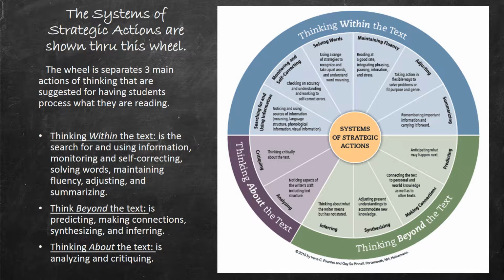The three main actions for a child looking at a text are thinking within the text, which is the blue section at the top of the wheel, then thinking beyond the text, which is this green portion, and then thinking about the text.